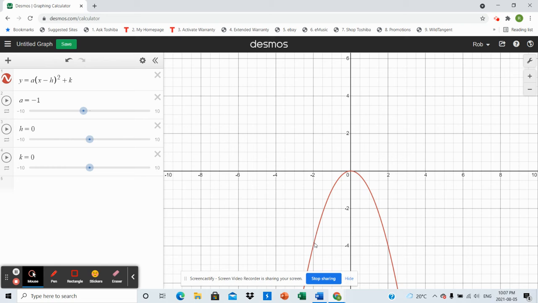So we've got our basic parabola, but because a is negative, that negative causes a reflection across the x-axis.